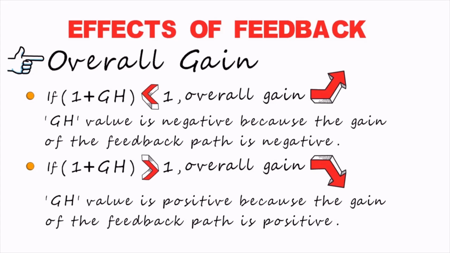In general, we can also say that G and H are functions of frequencies. Hence, the feedback will increase the overall gain of the system in one frequency range and decrease it in another frequency range.